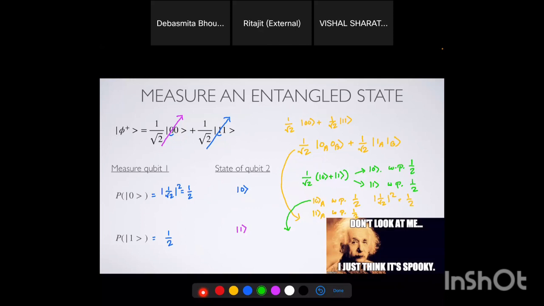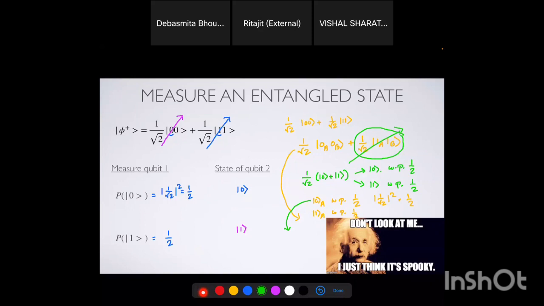But if there is no 1_A portion, what happens to this portion? This portion does not exist. It cannot exist because my measurement rule says that once I measure and get the outcome 0_A, I cannot have the outcome 1_A because the system has collapsed.